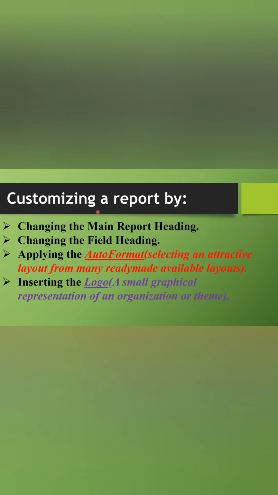You can also customize a report by changing the main report heading. I have told you, when you open any database, you can see a layout option. By using the layout option, you can customize a report. What are the things you can customize? You can change the main report heading. Also, you can change the field heading.